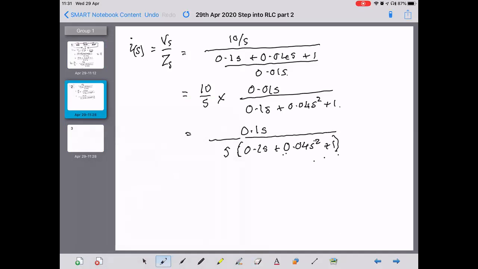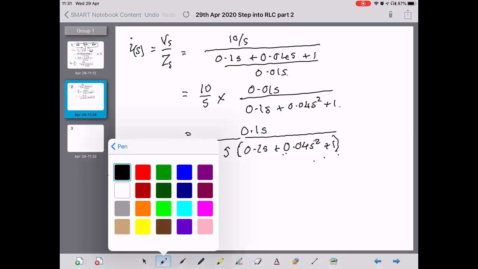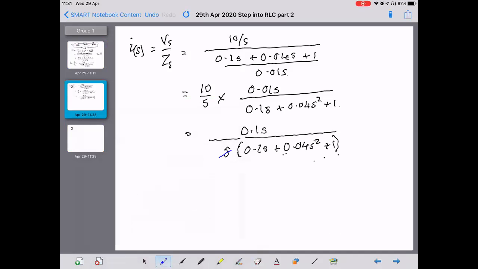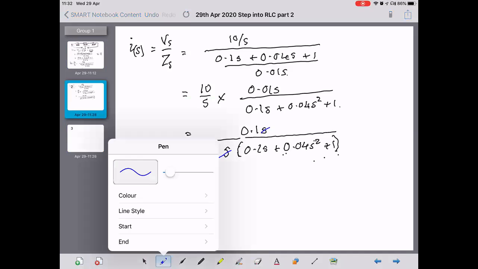You've got S on the bottom and S on the top, so they cancel out. So we've got this 0.1 S, 0.1 over 0.1. That's a 1, not 2.